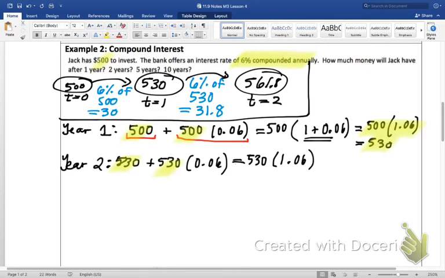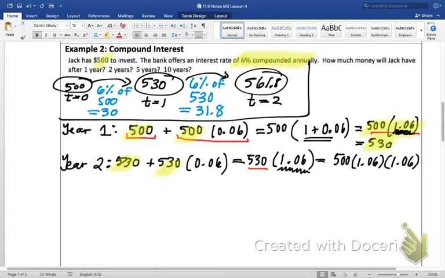But really, remember, as I just mentioned, this 530 is the same as the 500 times 1.06. So if I replace 530 in this expression with 500 times 1.06, I would then have 500 times 1.06 times 1.06 again, where one of those comes from up here, what I'm underlining, and the other one comes from over here.